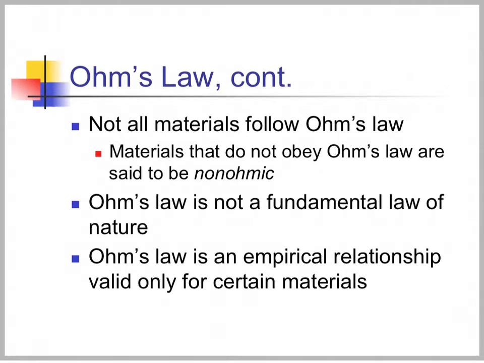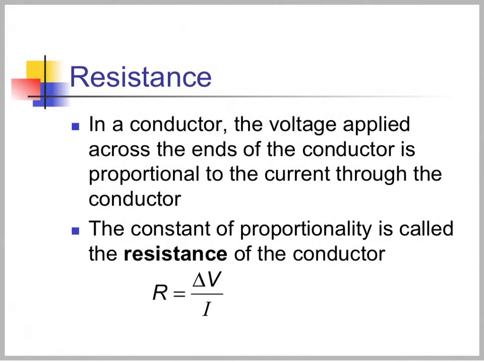Ohm's law is not a fundamental law of nature like Newton's laws, or the gravitational law, or the laws of thermodynamics. Ohm's law is an empirical relationship valid for only certain materials. So in a conductor, when I apply a voltage across the ends of the conductor, that voltage is proportional to the current through the conductor.